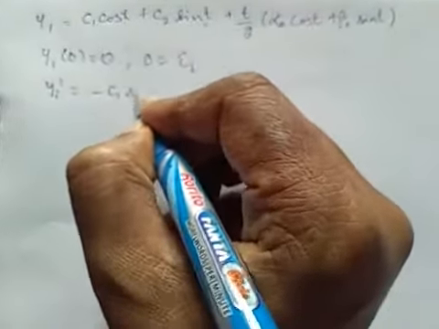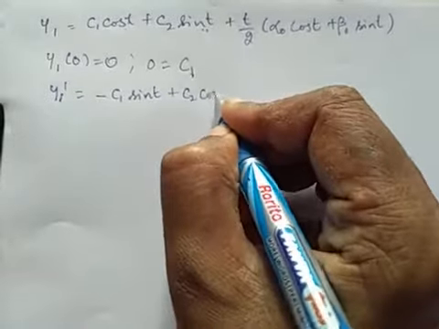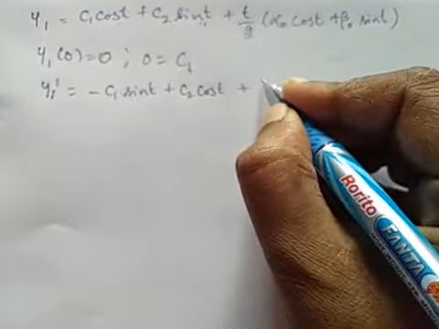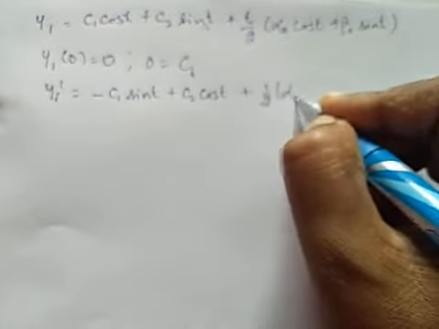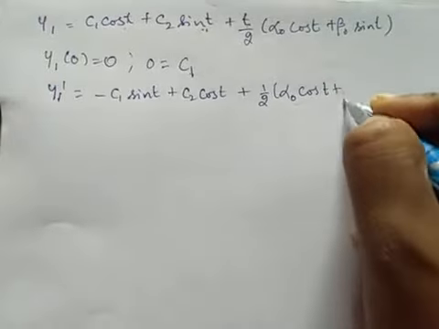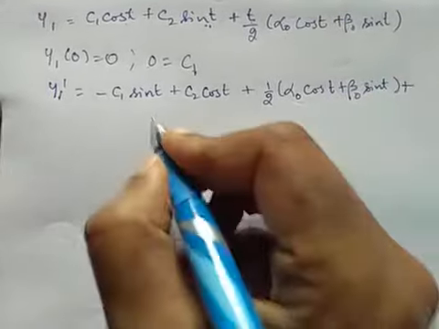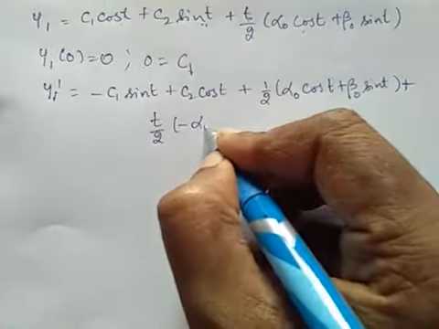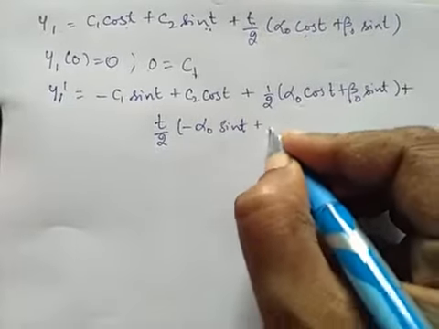When we differentiate this equation, y1 dash is equal to c2 times differentiation of sin t is cos t, minus c1 sin t. Here we have to use the product rule. Differentiation of t is 1, so 1 by 2 alpha naught cos t plus beta naught sin t, plus t by 2 times differentiation of cos t, which is minus sin t, and differentiation of sin t, which is cos t.